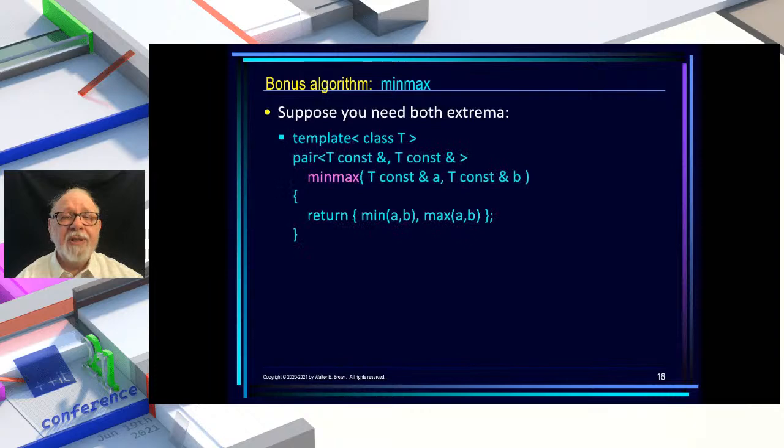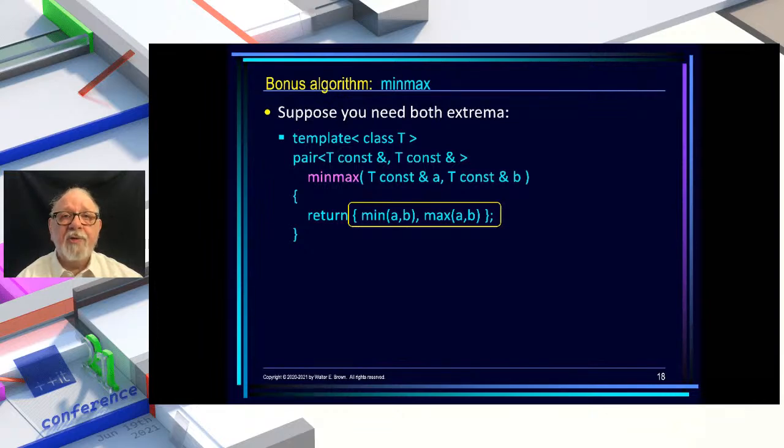And so there is a temptation to code a min-max algorithm like this. Given that we already have min and we already have max, let's reuse them, and we return a pair consisting of, first, the min element, and second, the max element.